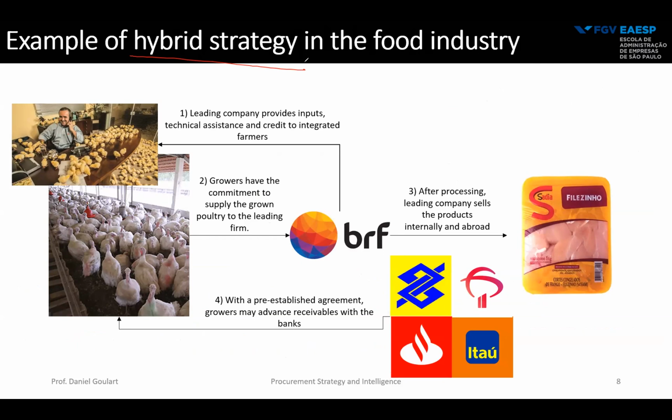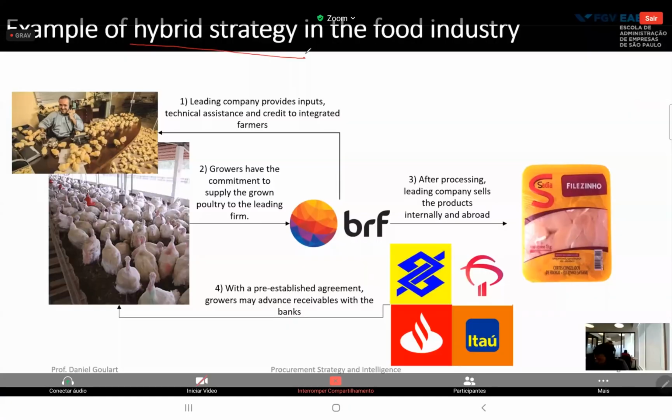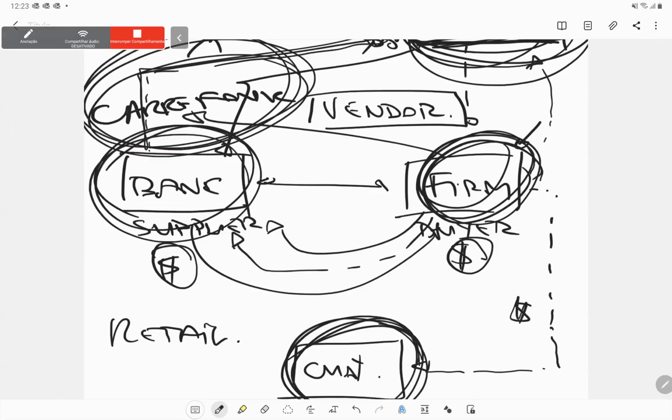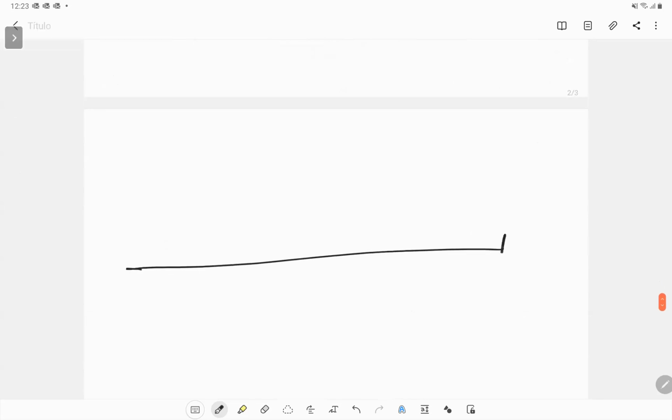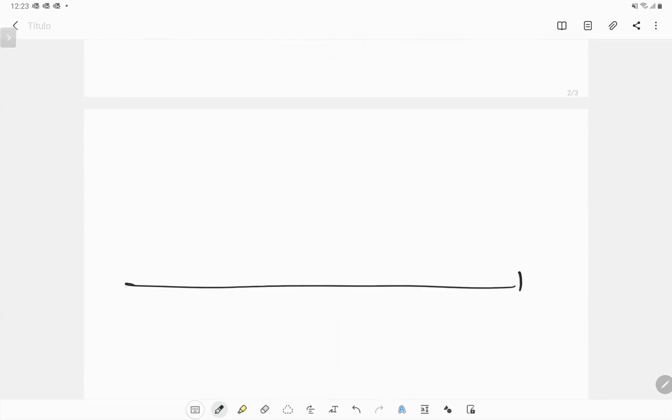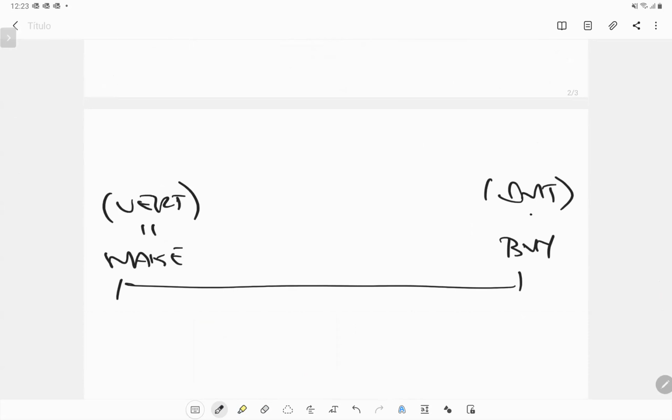If you remember, guys, the spectrum that I made for you in the last class, between buy or outsource and make or verticalize, all of them are synonyms.